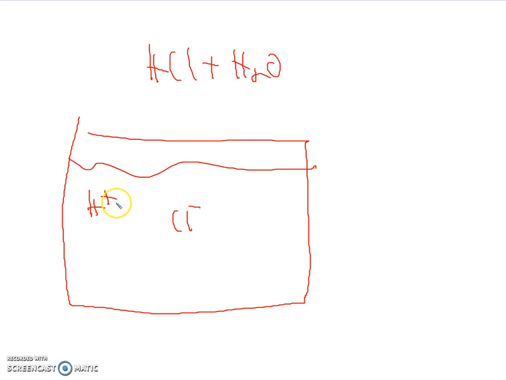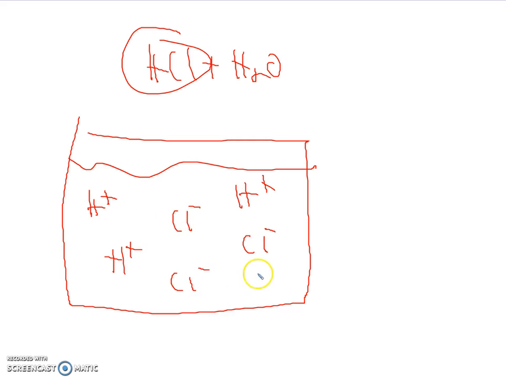It's minus because the plus and minus have to cancel, so there's no overall charge. So you just have a bunch of H pluses and Cl minuses. You get the idea. It's homogeneous, evenly mixed, completely dissociated here.